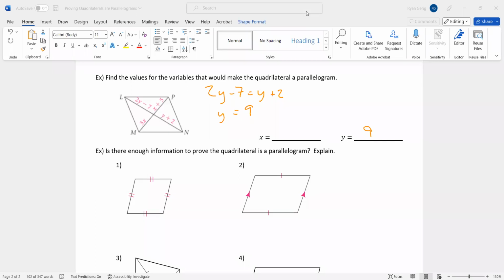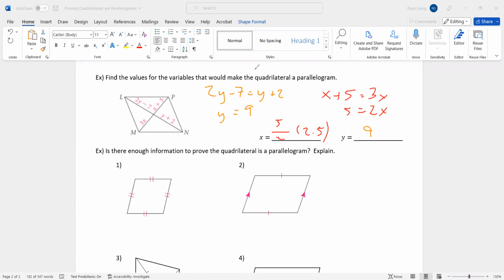I'll switch colors. And then for x, I get x plus 5 equals 3x. I get 5 equals 2x. 5 divided by 2, or 2.5 for x.